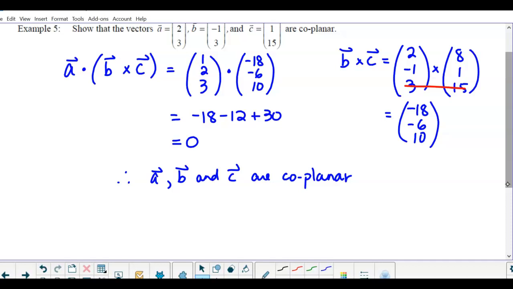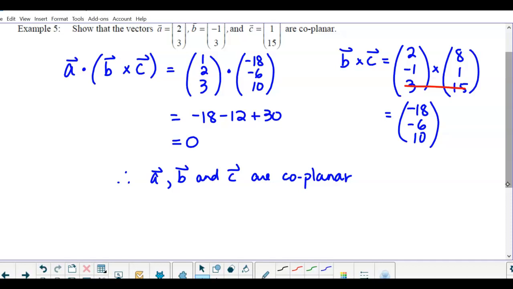Okay, and example 6, notice how I have two example 5s. We finished that 5 yesterday and now we need 5 here. Anyway, just need to fix the ordering. So in this example 6, this is where the cross product is really helpful in coming up with a Cartesian equation of a plane. So you've got 3 points on a plane.